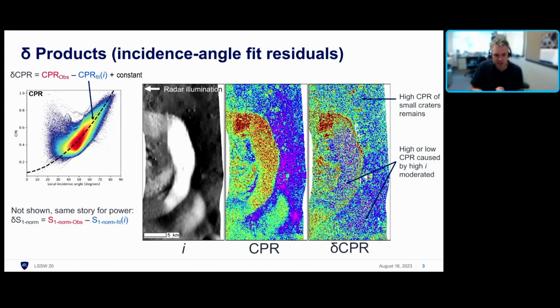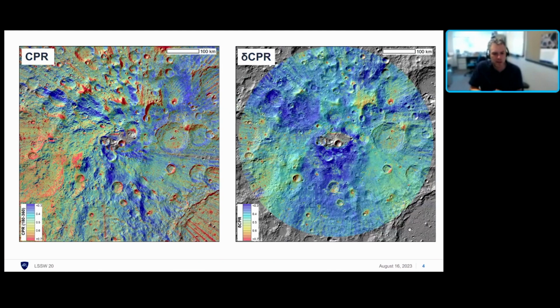So if you go to the next slide, I just have a comparison of what the south pole of the moon looks like in CPR, with just averaging a whole lot of collects taken at different illumination geometries, versus the delta CPR, and hopefully it instantly jumps out to you that the delta CPR product is more useful for recognizing regional scale geologic trends.